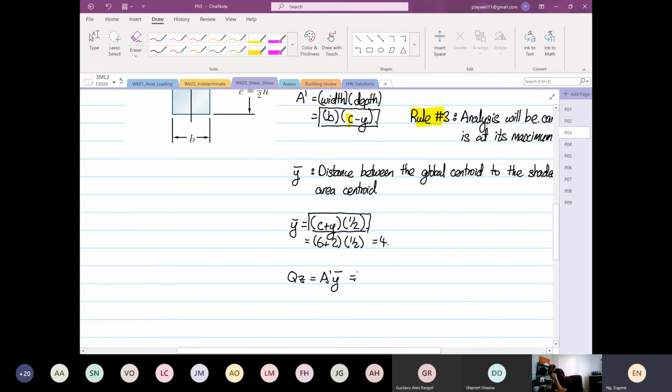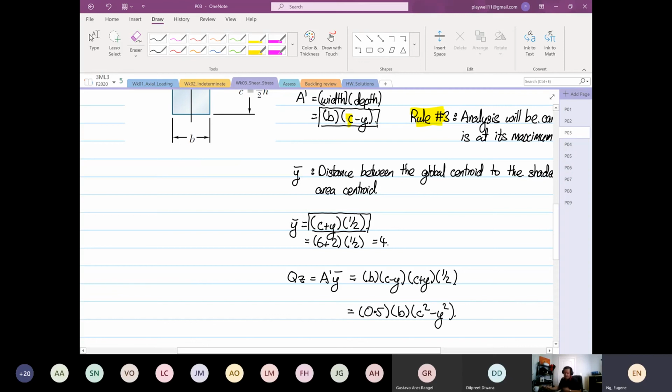A will be equal to B times C minus Y, multiplied by C plus Y, and we have half. If we rearrange this a bit, this is equal to 0.5 times B times C squared minus Y squared.